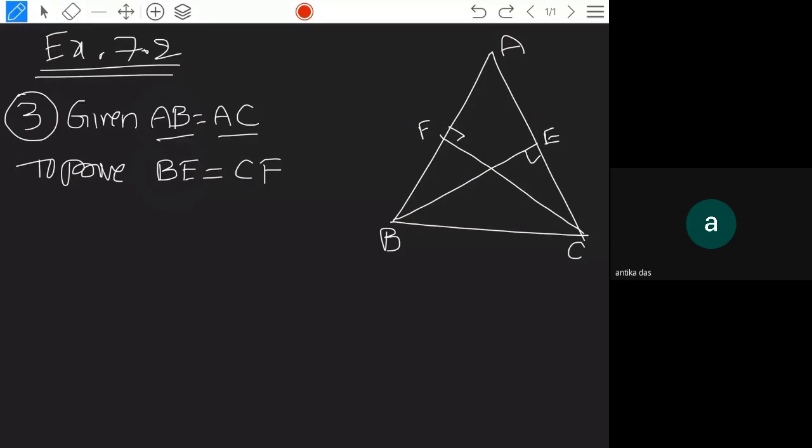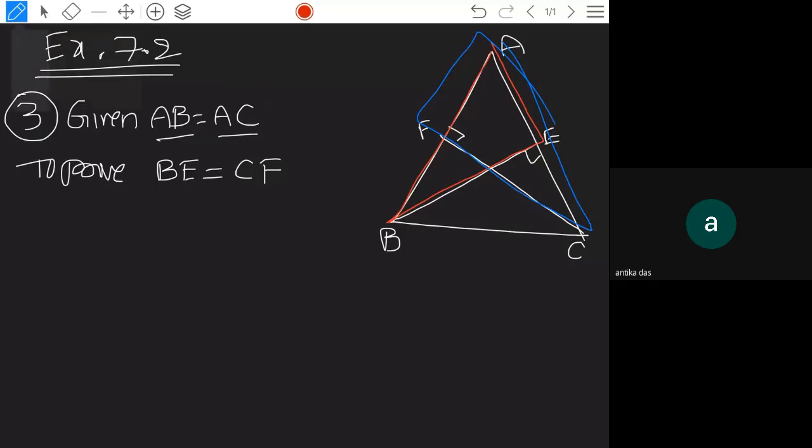AB is already given. This triangle is to be considered, I am marking it with another color. And the other one has AC as one side and CF as one side. We need to prove these two triangles are congruent.